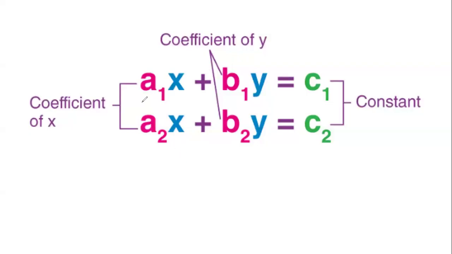When I write 2x, 2 is what we call the coefficient, and x is what we call a variable. When I write 2y, 2 is the coefficient, and y is the variable. Then when I just write 2 or 3, these are what we call the constants.